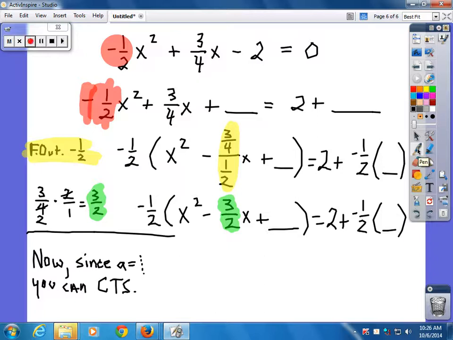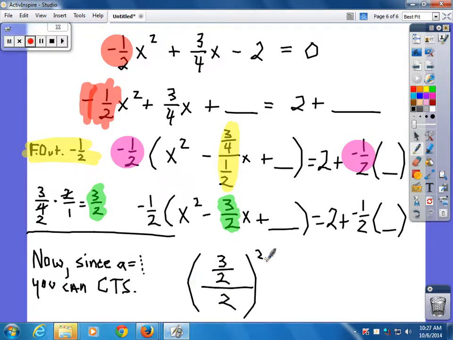And whatever you factor out, you have to put right there. Okay? So, 3 halves divided by 2 and squared. And that's 2 over what? 1.